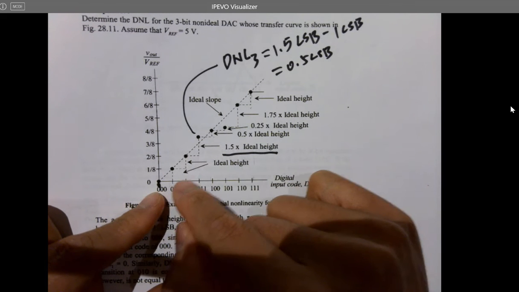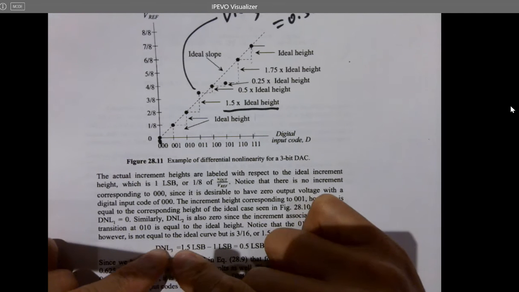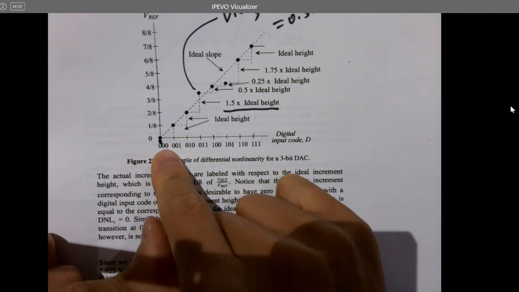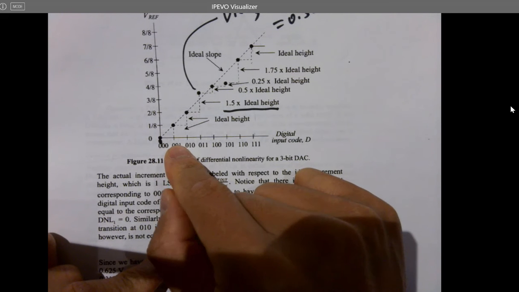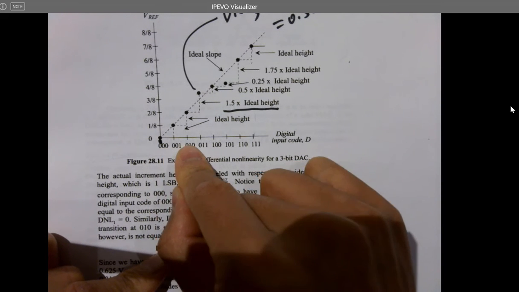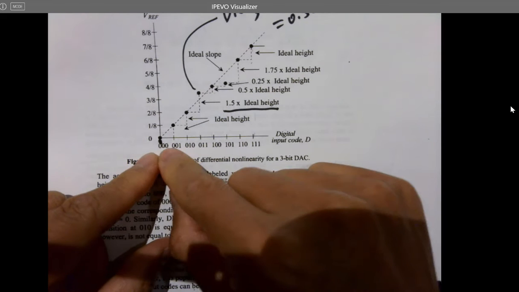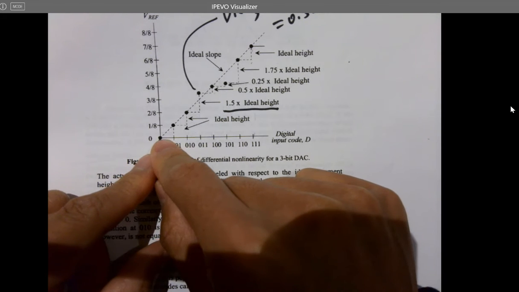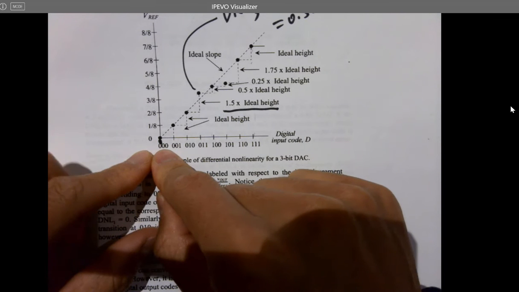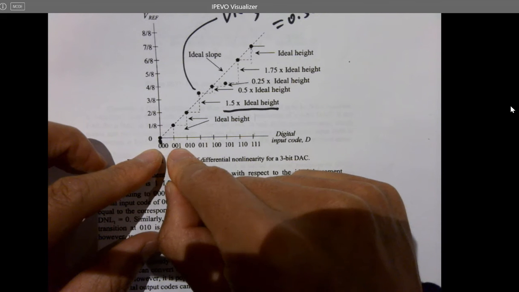So the DNL is not just one DNL. For every single input, it has a DNL. For example, this will be DNL 0, DNL 1, DNL 2, DNL 3. You can see this point perfectly matches the ideal curve, so DNL 0 will be 0. There's no error. For this one, it's also 0.